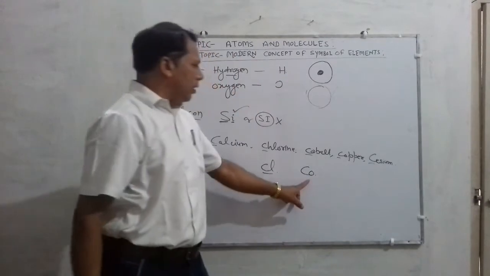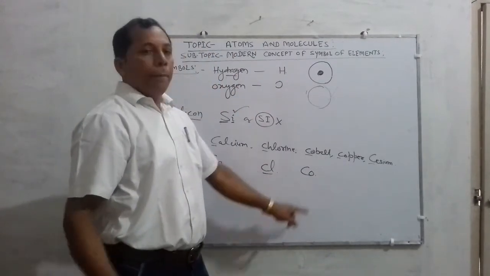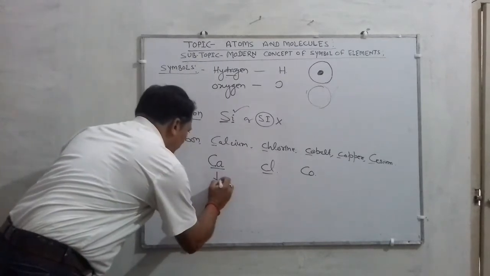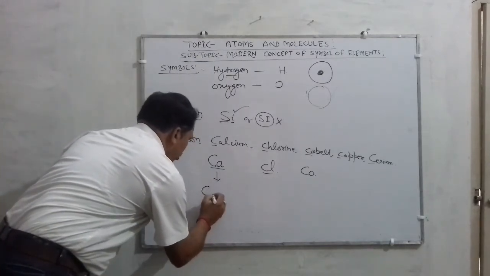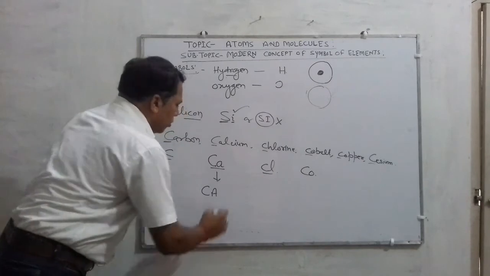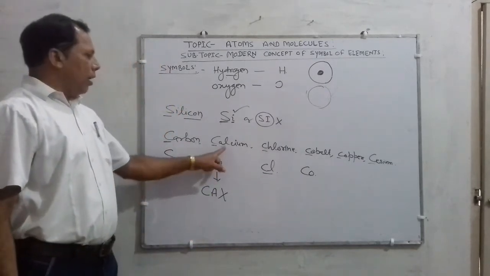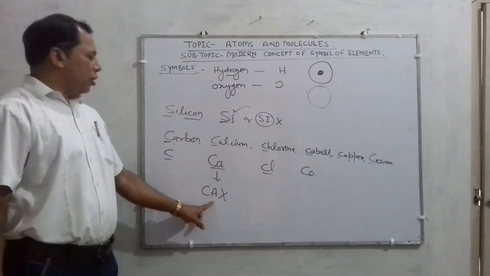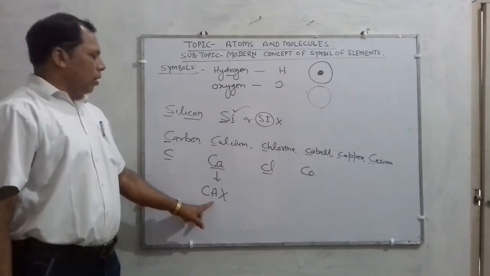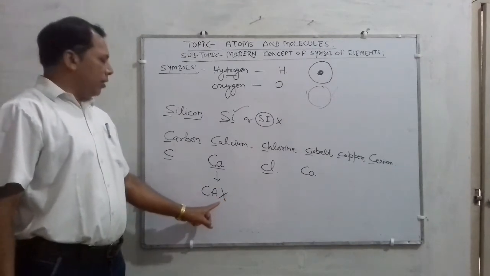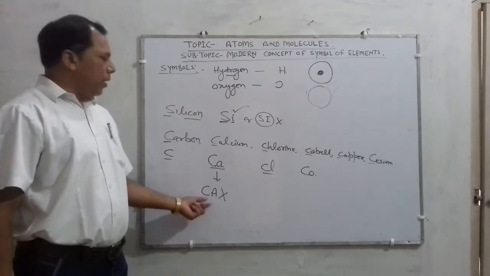So the cobalt symbol is Co. But by mistake, children, if you write CA, that does not represent the symbol of element calcium. That is completely rejected by IUPAC, and that is not a way to represent the symbol.